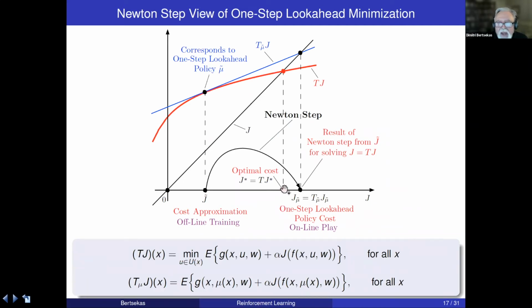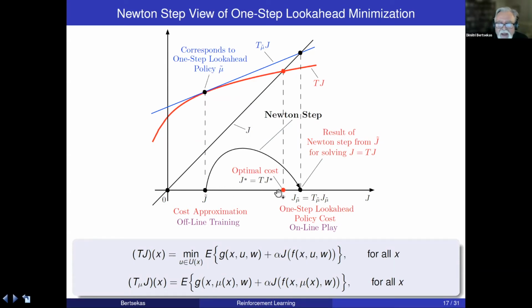And we visualize this by drawing the graph of this T operator, the red graph. We intersect it with the 45-degree line, which is the graph of j. And we find the point where the two intersect, and this is where j tilde lies. I'm sorry, this is where j star lies.